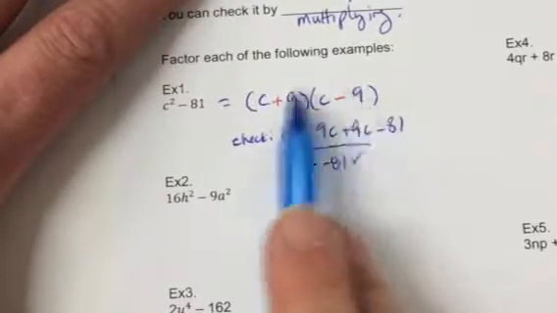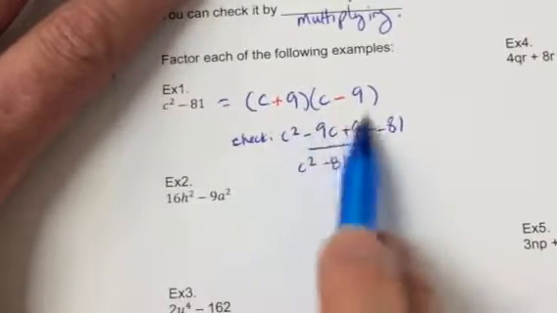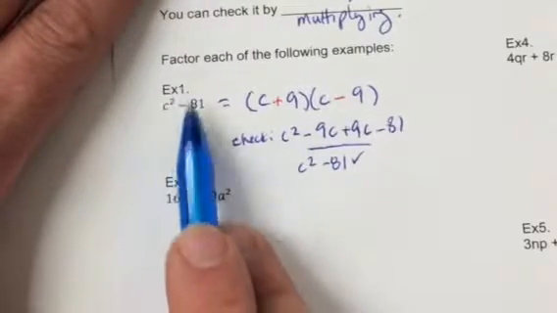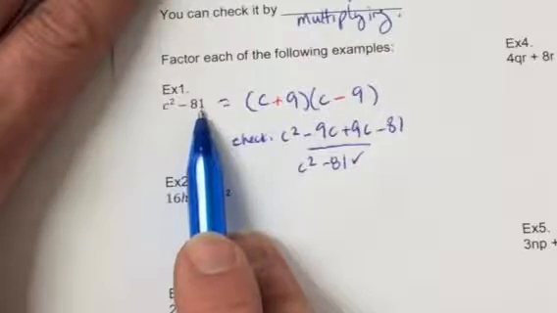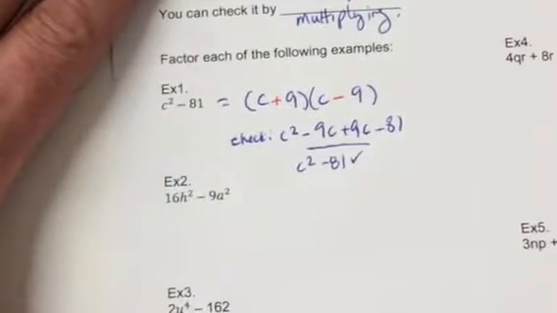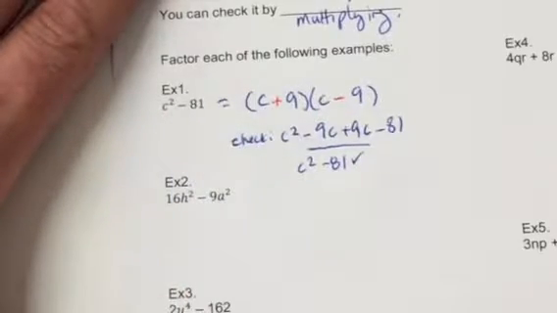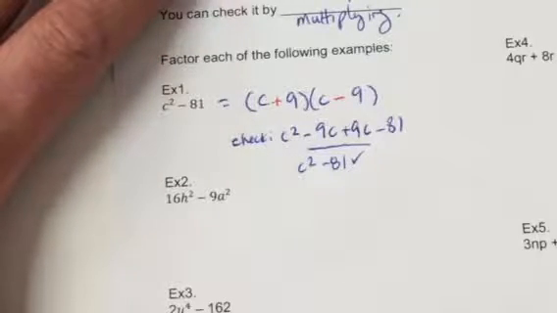Now, those opposites are what make it zero out. So technically, we could write this as c squared plus 0c minus 81 and use the star method or a different way. But just know that this is a shortcut, a special case. This is something we will be using all year long, and it's not going to go away when you get into high school.